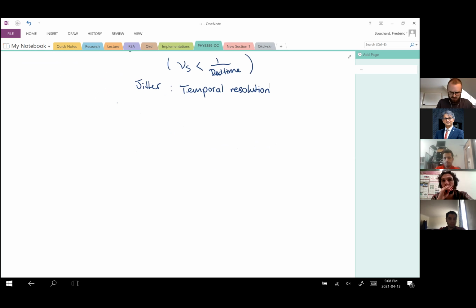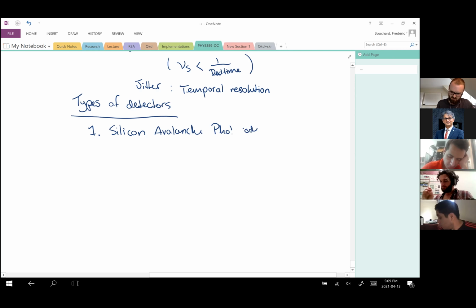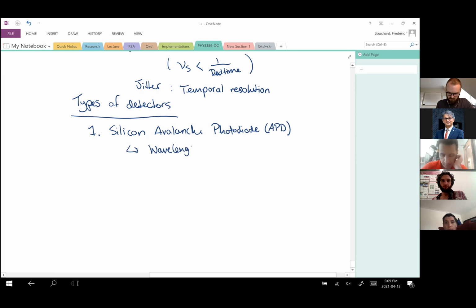Types of detectors. Probably the most popular one is the silicon APD, so avalanche photodiode. This is typically used for wavelength ranges around visible, so 400 nanometers to 1 micron.